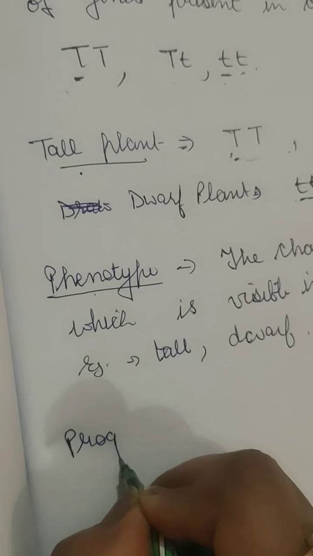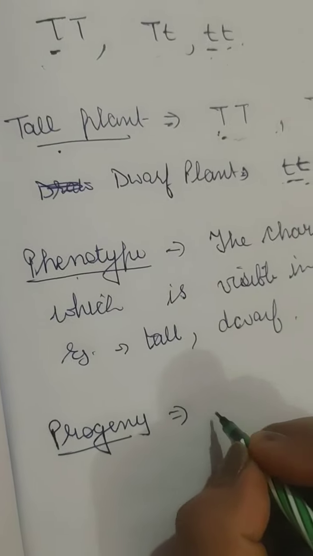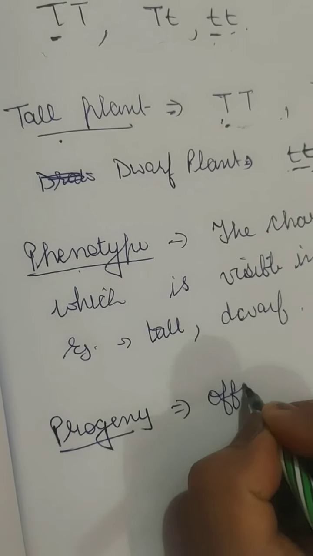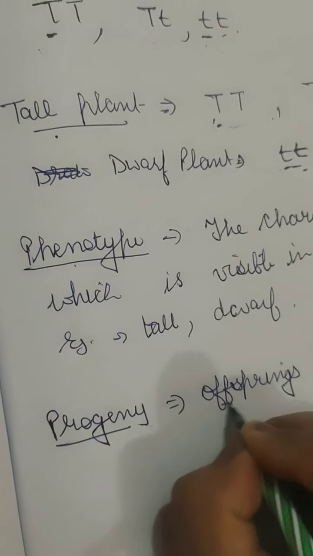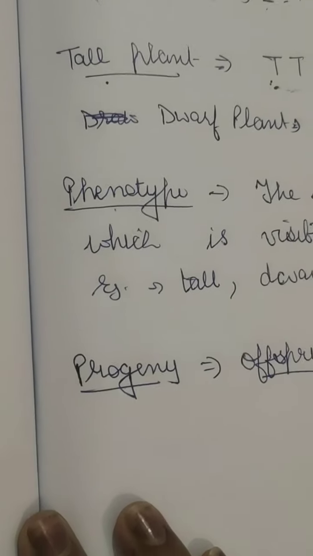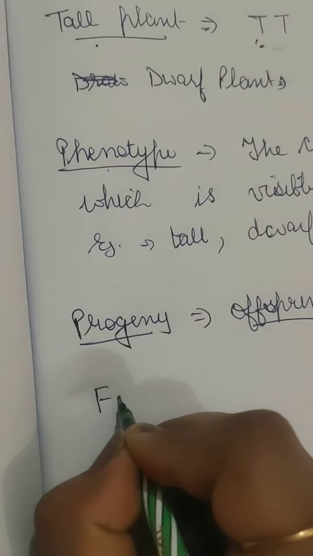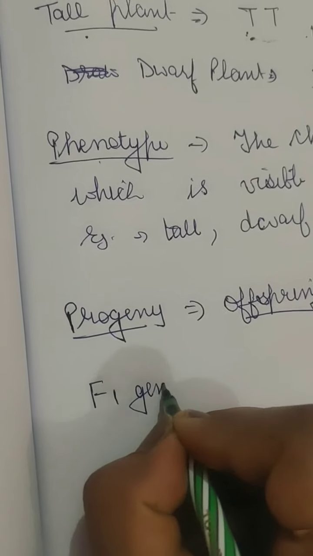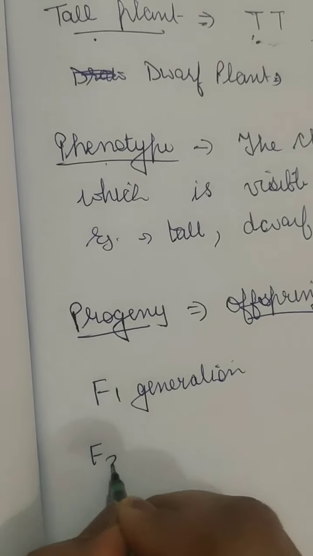Next, first learn this word, progeny. Progeny is nothing but the offspring. Whenever the term progeny comes, don't get confused, it means offspring, like babies of parents. You will be hearing terms called F1 generation and F2 generation.